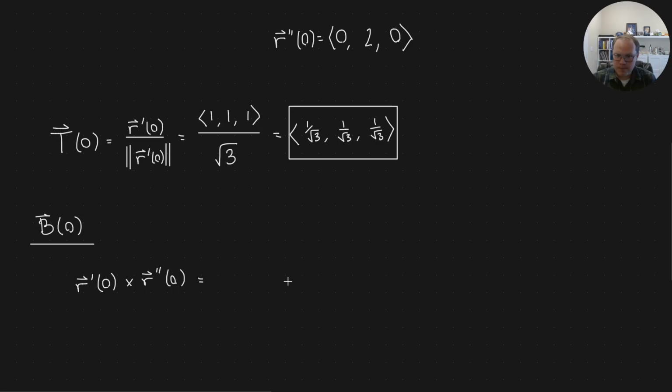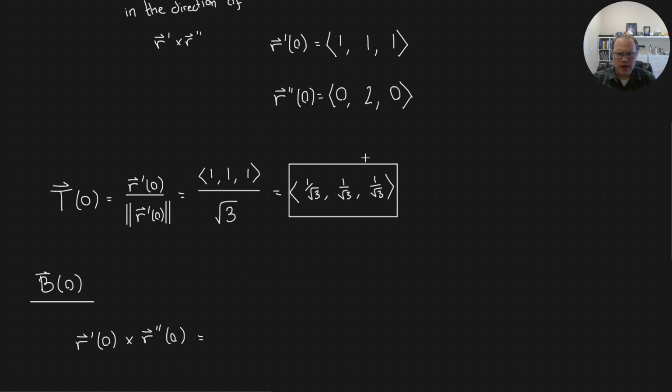Okay? So r prime of 0, that's 1, 1, 1. R double prime of 0 is 0, 2, 0. So I want 1, 1, 1 cross 0, 2, 0. And I'll do this cross product pretty fast. Okay, first vector first, 1, 1, 1, second vector second.